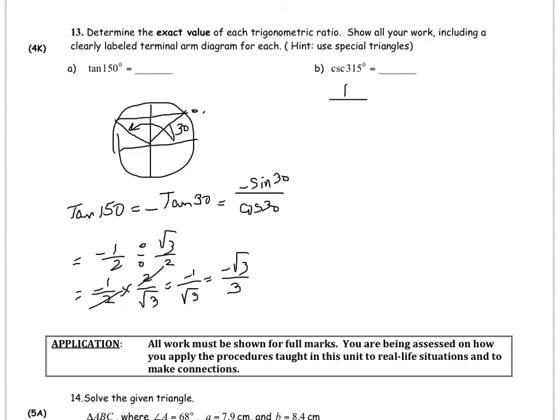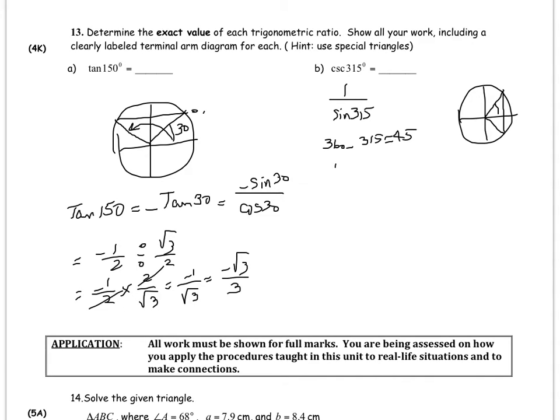Cosecant is 1 over sine 315. Again, I'm going to draw the unit circle. 315 is in quadrant 4. Sine is negative, but the corresponding angle, which is this one, is going to be 360 minus 315, which is 45.